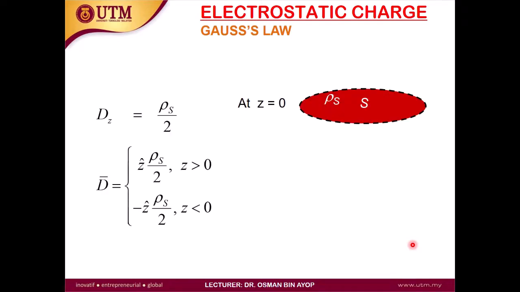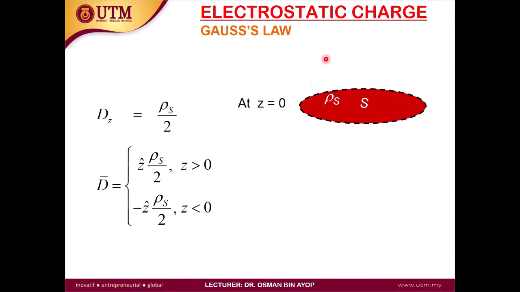Let's say at z equal to 0, we can define Dz into the vector D, where D is equal to rho s over 2 in the direction of z if z is greater than 0, or D is equal to negative z rho s over 2 if z is less than 0. So we can say that the field D is going up or going down, depending on the location.